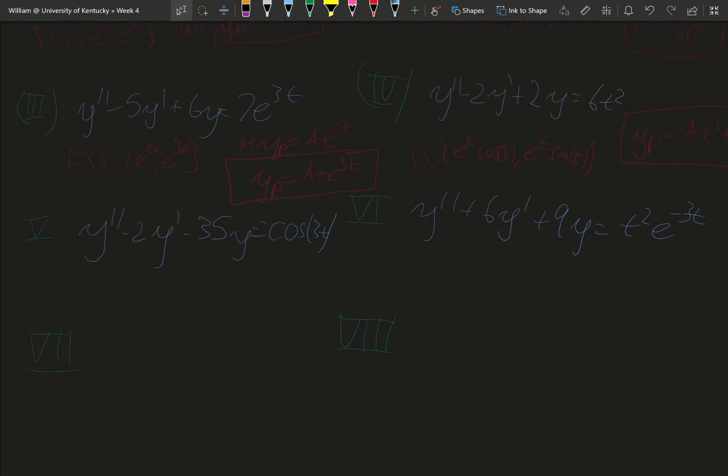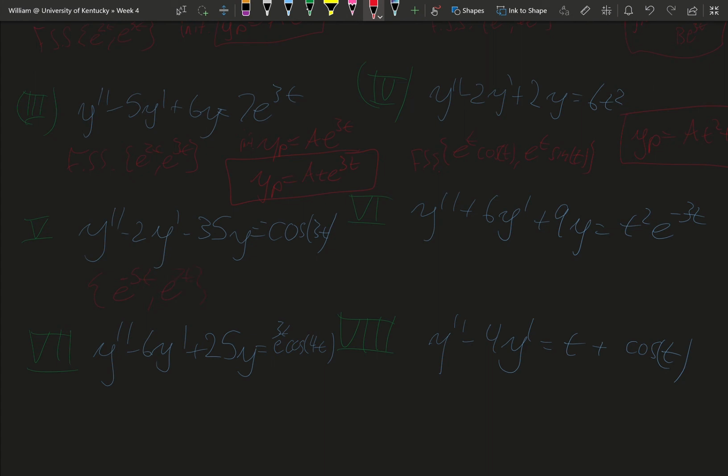Going to write out the rest and then just go through them real quick. Okay, so our fundamental set of solutions is e to the negative 5t and e to the 7t.